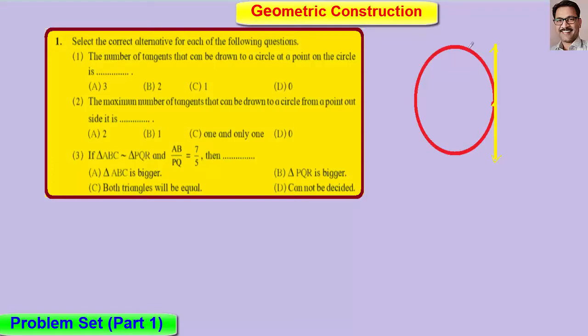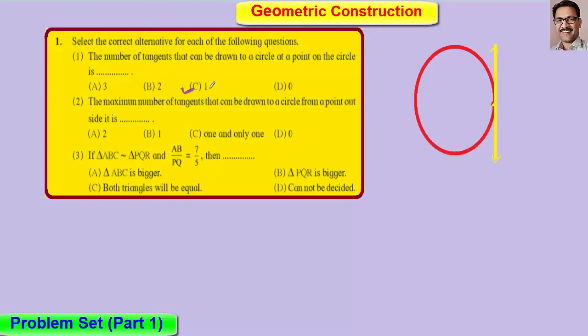So wherever there is a point on the circle, from that particular point we can draw one and only one tangent. So which alternative is correct here, friends? This is C. One and only one tangent we can draw. Means the number of tangents that can be drawn to a circle at a point on the circle is just one.